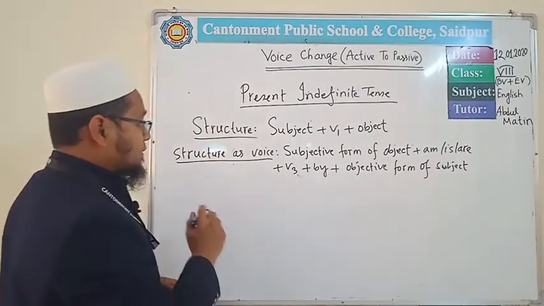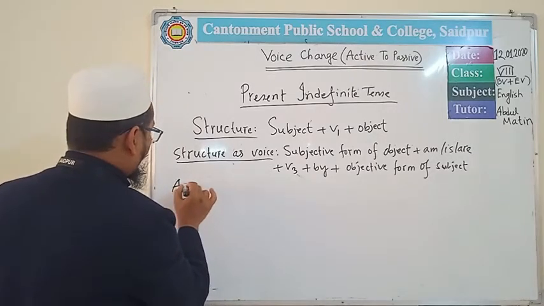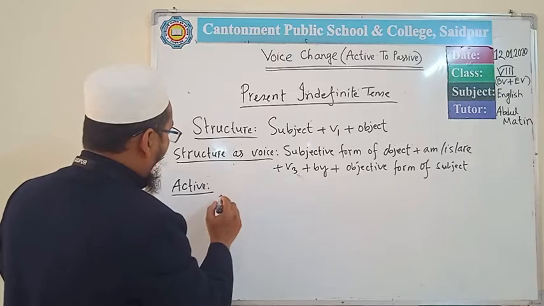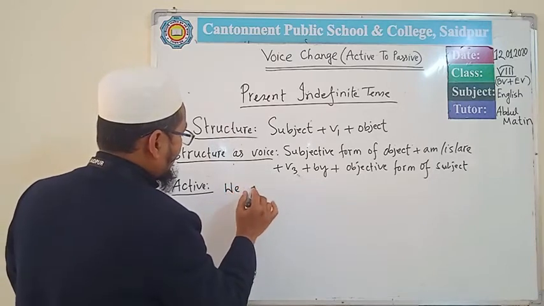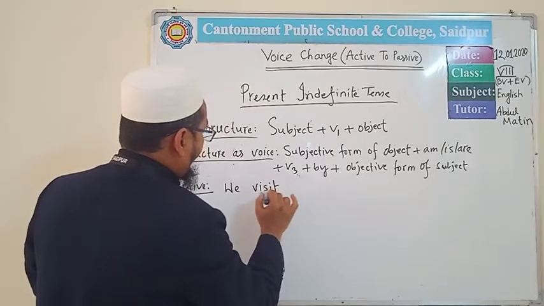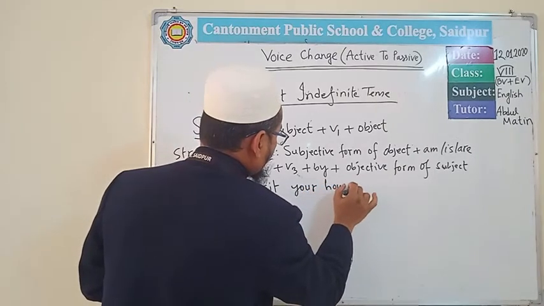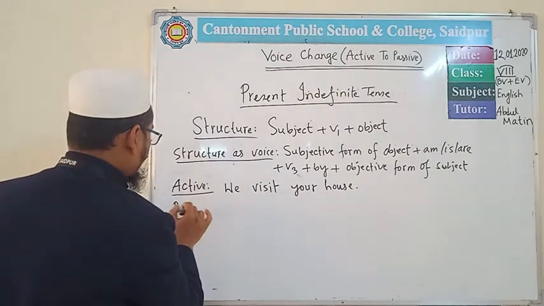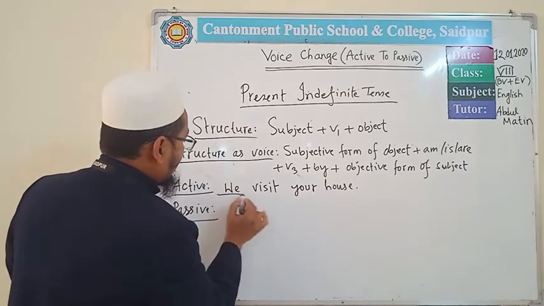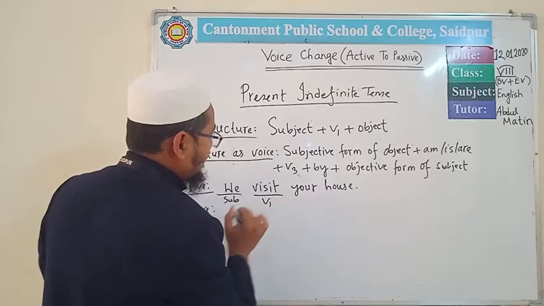So if I give an example, then it will be very clear to you. We visit your house. Passive. Here the subject is we. Verb 1 is visit.